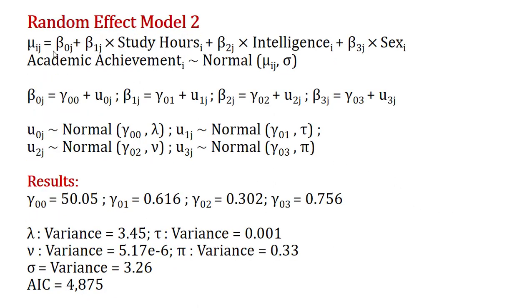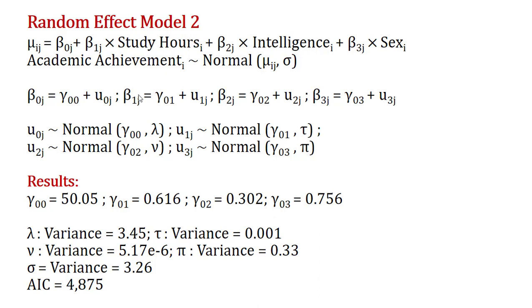Here they are. So the model is, this is as before, this is as before. Now we've got beta 2 intelligence, and beta 3 the sex of the participants, and this formula is the same. Now for the intercept, that comes from a fixed effect gamma 00 plus the differences in the intercept among regions.